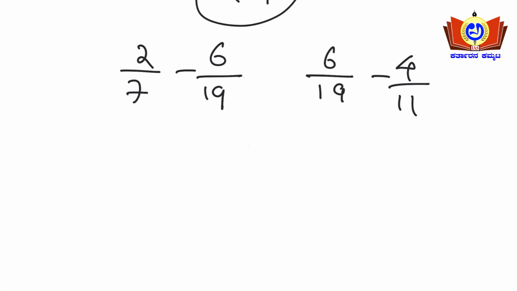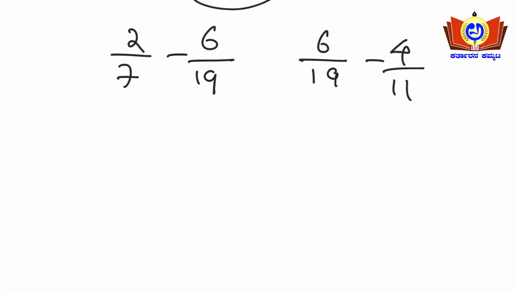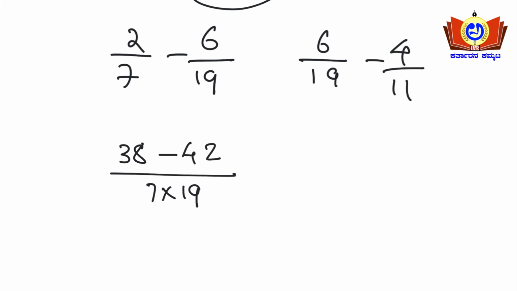Upon solving this, see how we can solve: 2/7 minus 6/19 is over 7 into 19. 7 is there, so 19 into 2 is 38, minus 19 is there, so 6 sevens are 42. Similarly here, 19 into 11 I'll write. 19 is there, so 6 into 11 is 66, minus 11 is there, so 4 into 19 is 76.